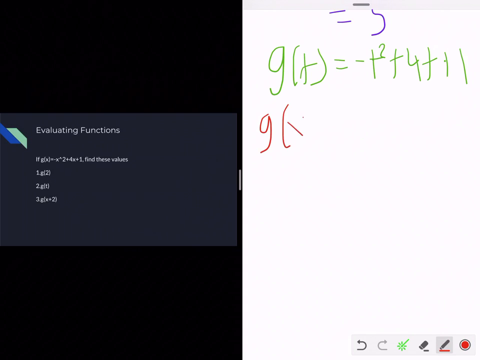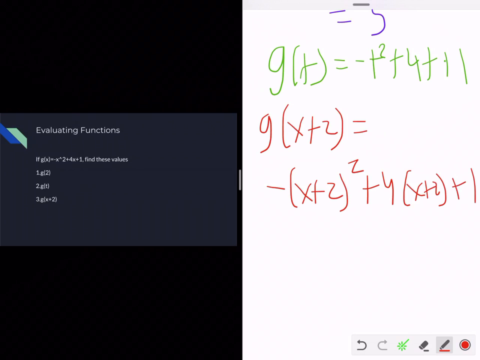So g of x plus 2. For everywhere you see an x, you now put x plus 2. So now you do negative x plus 2 squared plus 4 times x plus 2 plus 1.